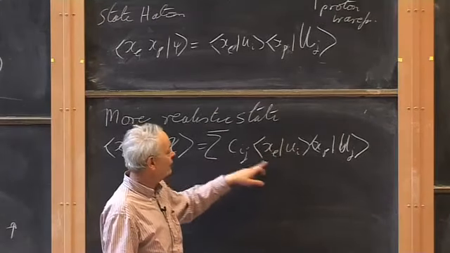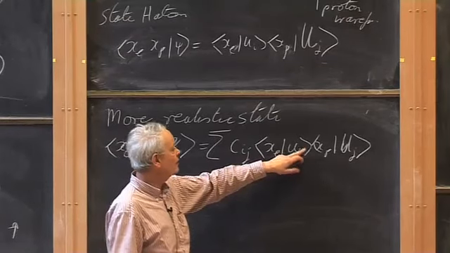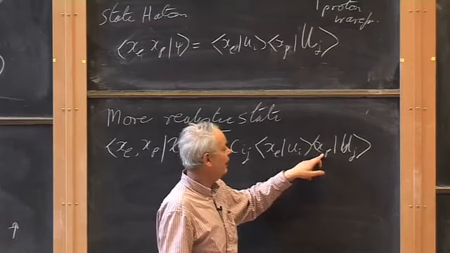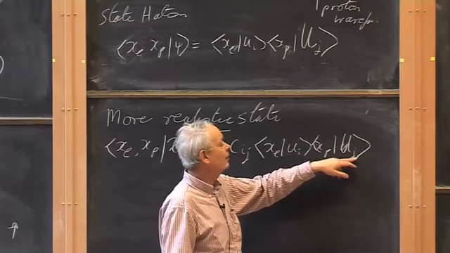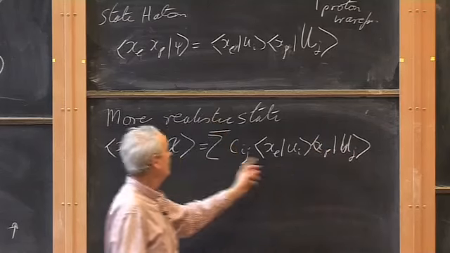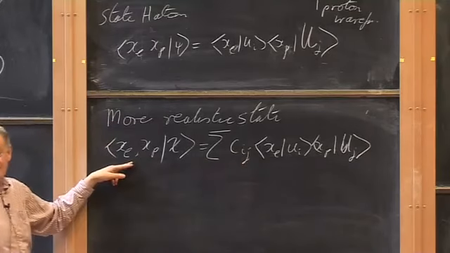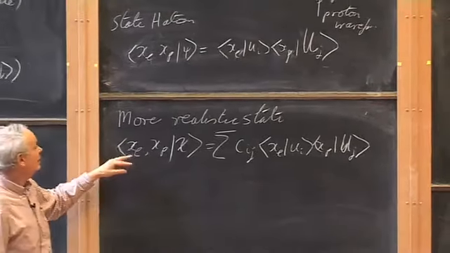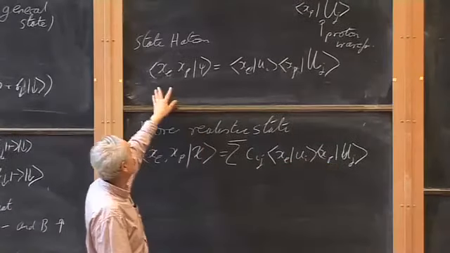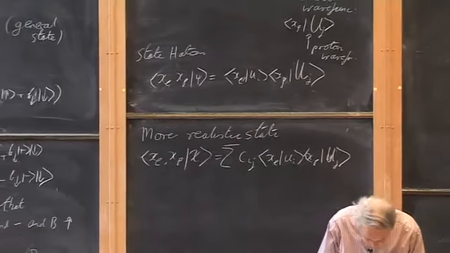There's a set of functions of xe, which have labels i and return complex values. And then this complex number is multiplied on this complex number, which is a function of xp, a member of a family of functions with labels j. Here is an amplitude, another complex number. Add these complex numbers together, and you get this complex number. So any state of a hydrogen atom must be writable like this, but realistic states are not writable like that because of this correlation of the proton and the electron.